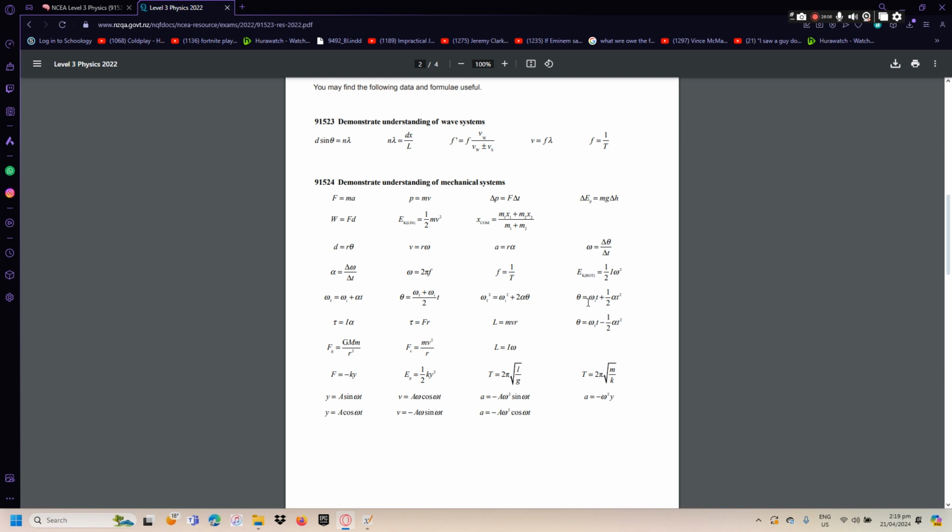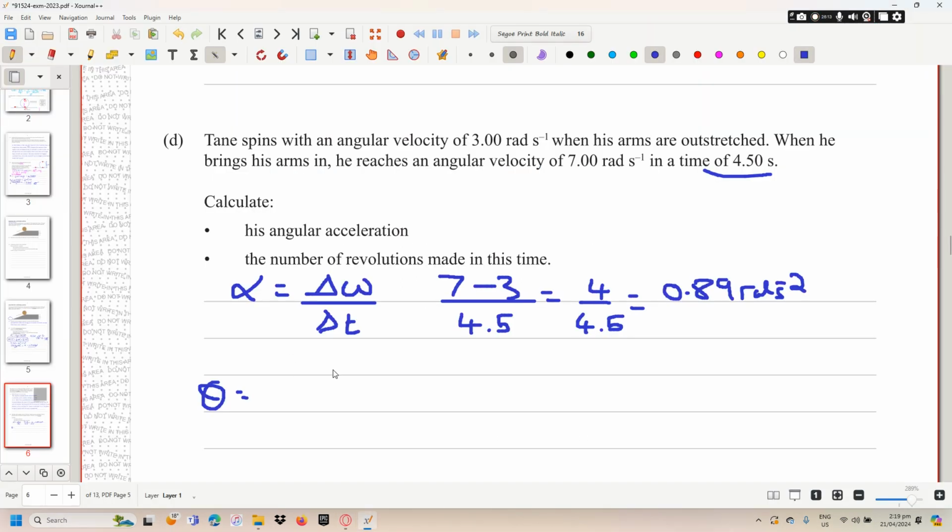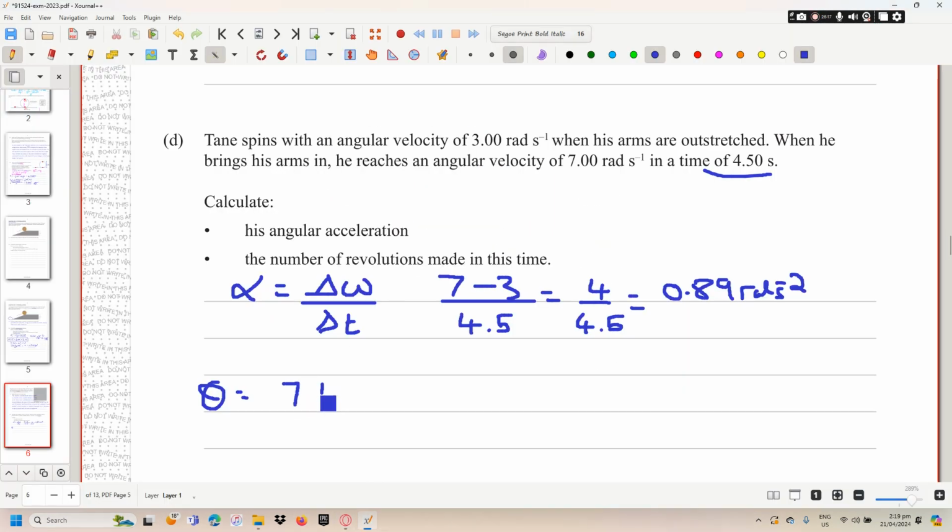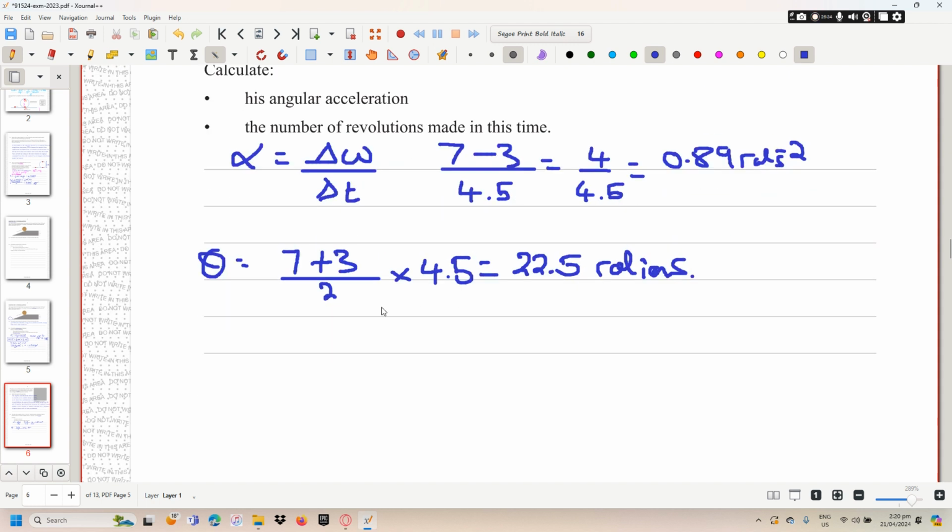The angle at which you rotate through is equal to the average speed multiplied by time. That makes sense. So your average speed is your final speed plus your initial speed divided by 2. And the time over which we did that was 4.5. So that is 5 times 4.5, 22.5 radians.